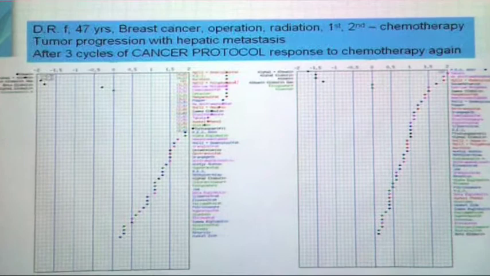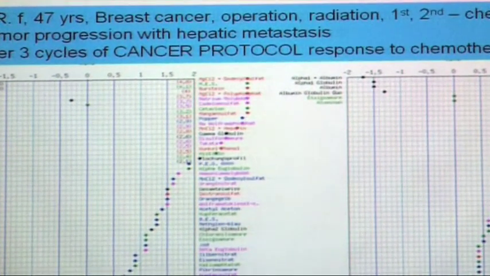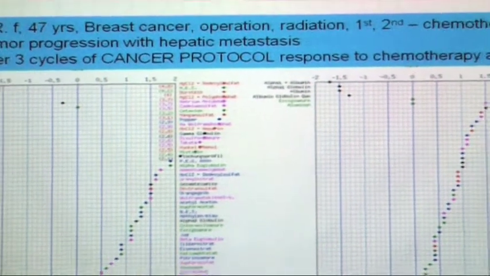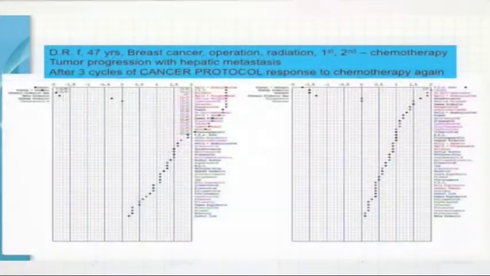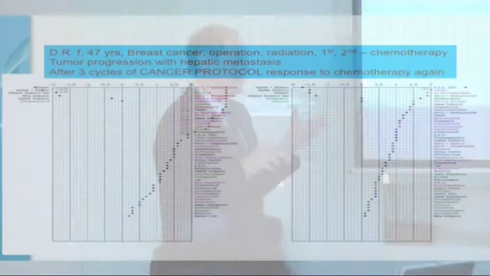Lipoglycoproteins, the red dots, and glycoproteins, green dots, are really improving within 4 weeks after giving these 3 cycles of infusions. So the patient really feels much better, and the point is you don't risk anything because you can go on with your standard therapy, and this therapy has no side effects.